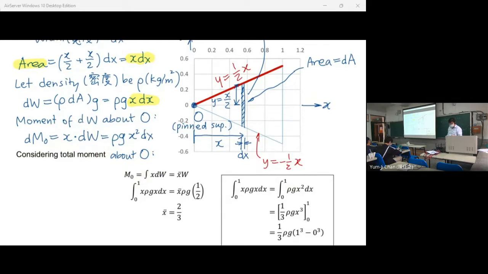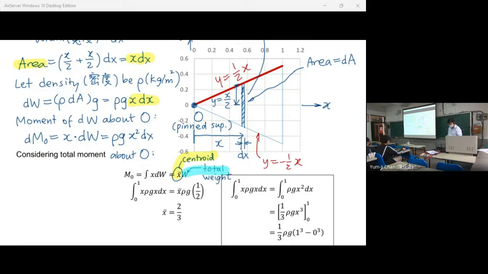And this is equal to the total weight of the shape, and this is the centroid. Should I put colors like this?